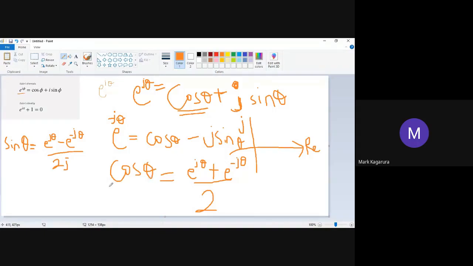But you remember that your wave function was given by, does anyone remember? cos(kx minus ωt), right? So sometimes you have an amplitude.